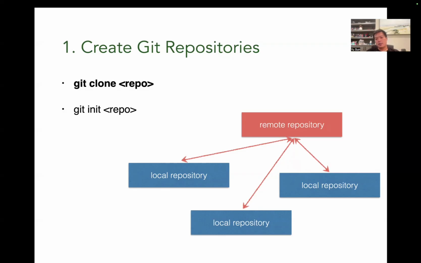Number one, how do we start a repository? How do we start a folder using Git? There are normally two approaches. One approach is that there is a repository already built and you have the permission. You can download it and make a copy. The way it works for Git is that you often have a remote repository, which is a centralized repository, the most authentic copy of the whole project.